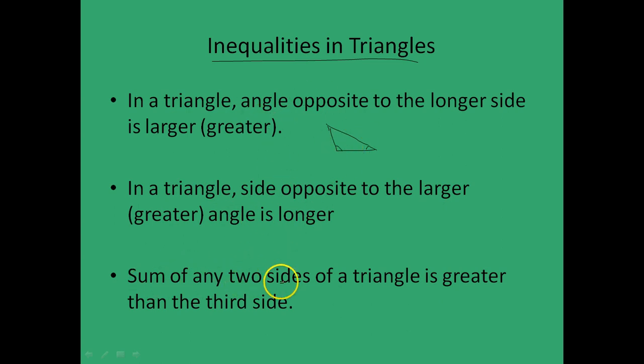And also the sum of any two sides of a triangle is greater than the third side. Very important property. So if you have triangle ABC, then the inequalities which can be listed out are AB plus AC is greater than CB, also AC plus CB is greater than AB, and AB plus CB is greater than AC.